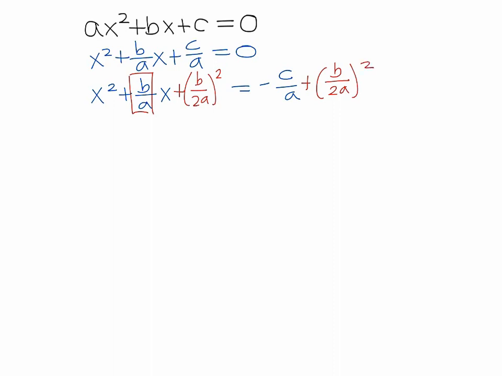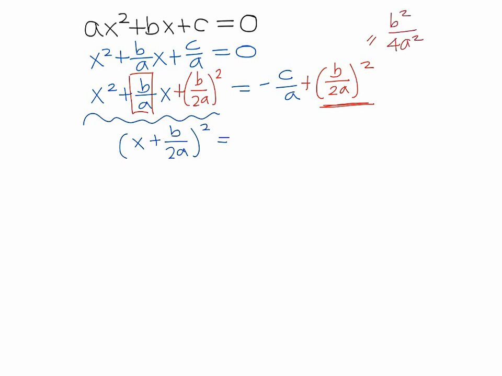Now let's complete the square. On the left side, we have x plus b over 2a, quantity squared, is equal to, let's simplify the right side a little bit. b over 2a squared, that's the same thing as b squared over 4a squared. So looking at the two fractions, negative c over a plus b squared over 4a squared, the common denominator between these two fractions is 4a squared.